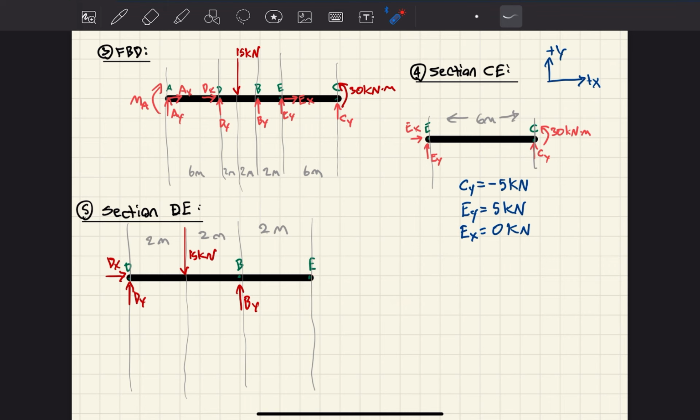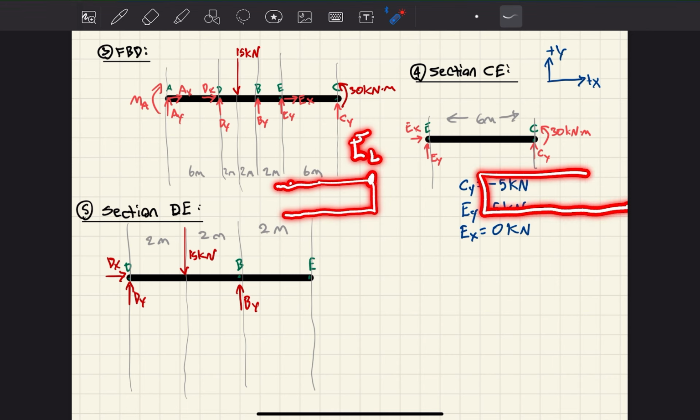But if we take a zoomed in section, if we cut this beam open, let's say we section the beam. Let me move it a bit like this. So this is E on the left side, and this is point E on the right side.